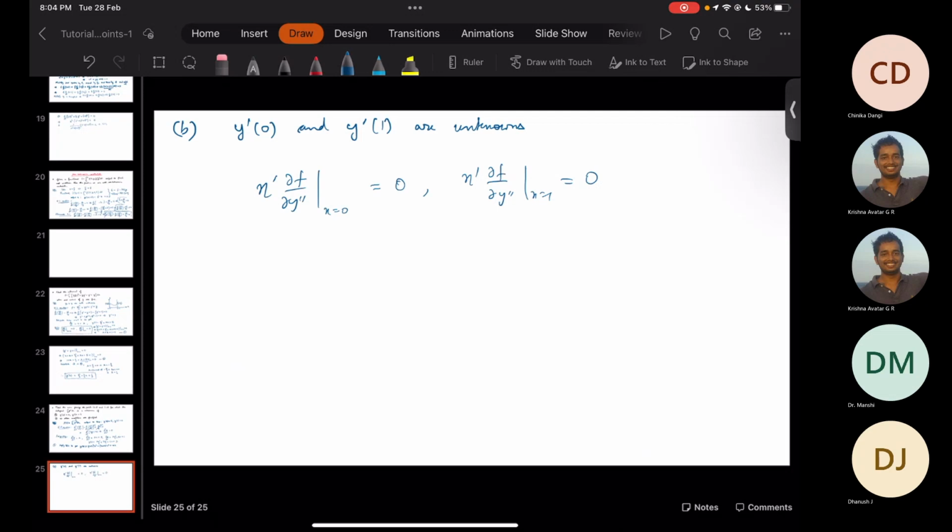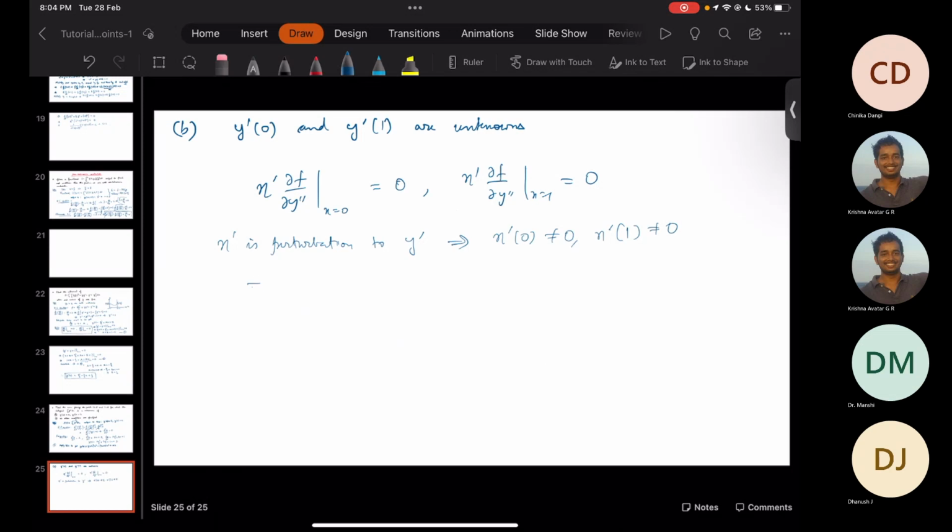Now what we see here is eta prime is nothing but the perturbation to y prime. So since y prime at x is equal to 0 and x is equal to 1 are unknowns, this simply implies that eta prime at 0 isn't equal to 0 and eta prime at 1 isn't equal to 0.